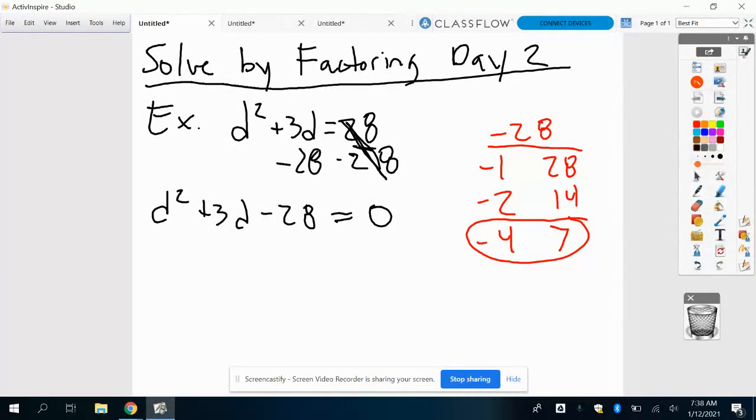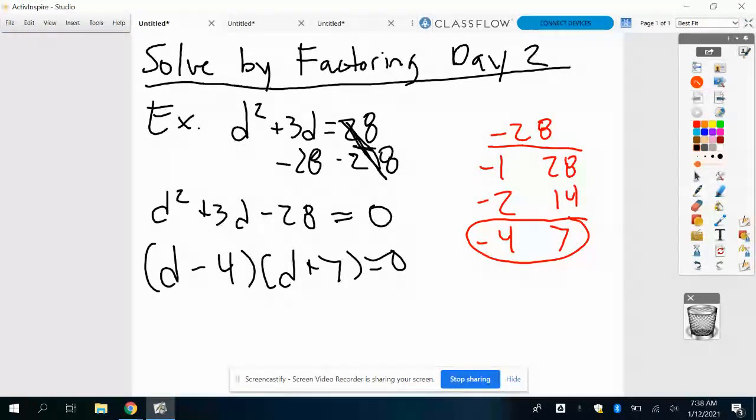So we're going to write our factors as d minus 4 and d plus 7 and set that equal to 0. And then from here, we want to set each of these equal to 0.